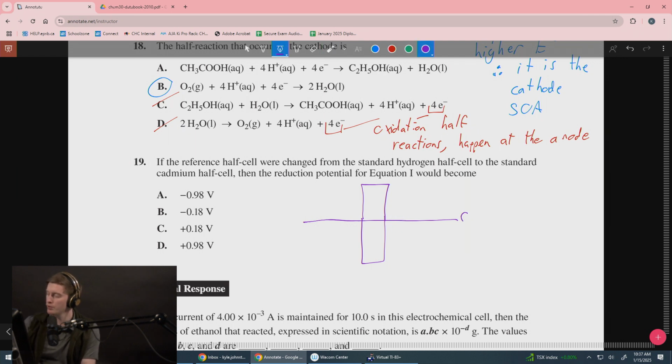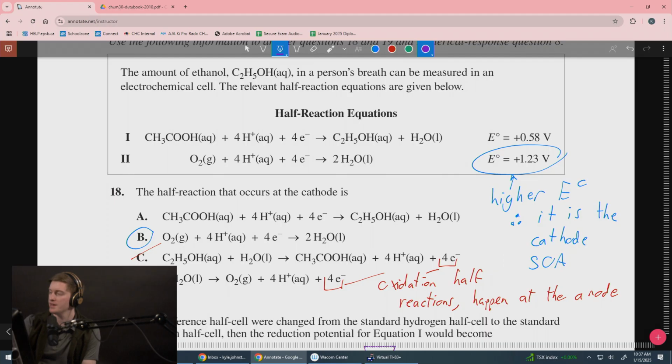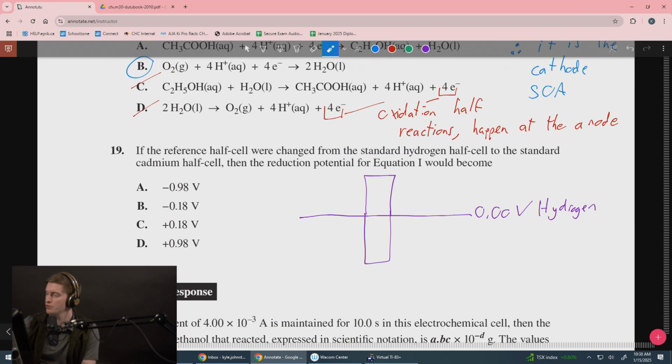So the normal hydrogen cell is 0.00 volts. This is our normal hydrogen cell. Based on the normal hydrogen cell, the reduction potential for this is positive 0.58 volts. That's our normal reading here based on our hydrogen standard cell.